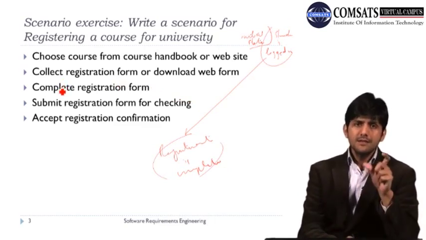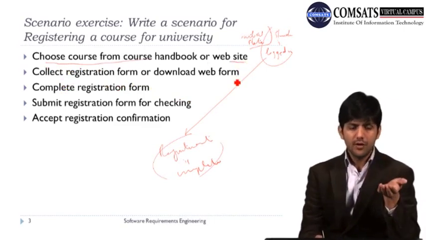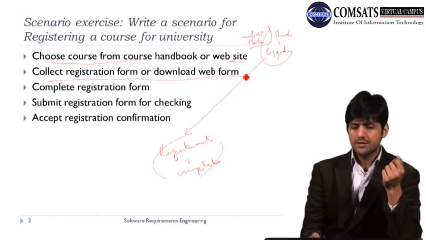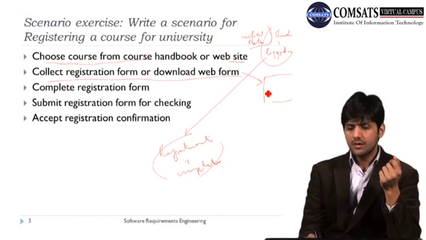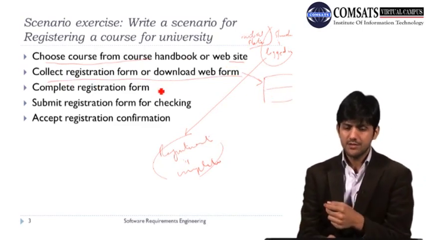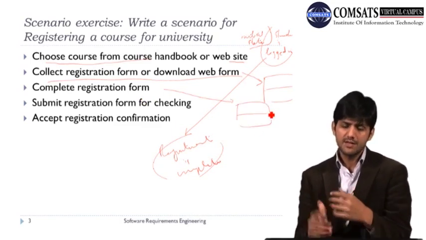But there are other things in the scenario, and we said that each action can have an exception. So for example, when he is downloading this particular registration form or the web form, what can happen is that it doesn't allow him to download that form, and when he tries to complete the registration, then maybe he has left some mistakes in the form, and these kind of things.